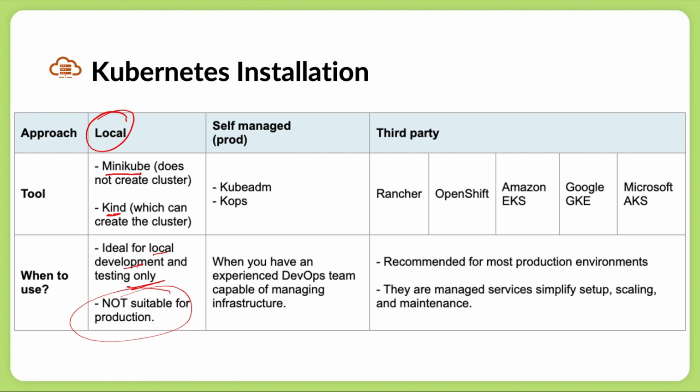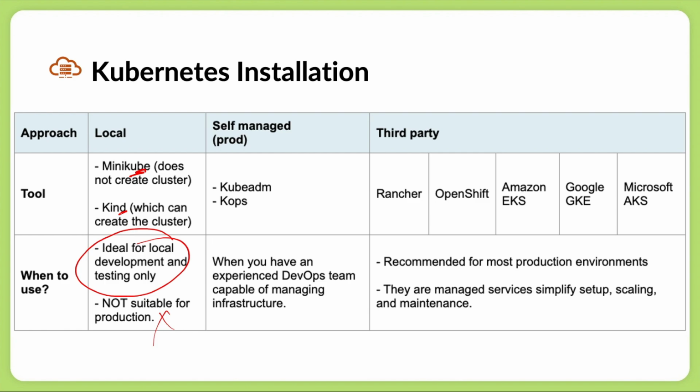If you go to an interview and say you have used Minikube and Kind, the interviewer will understand you really didn't use Kubernetes in production, because Minikube and Kind are designed for local development and testing only. This is not suitable for production.